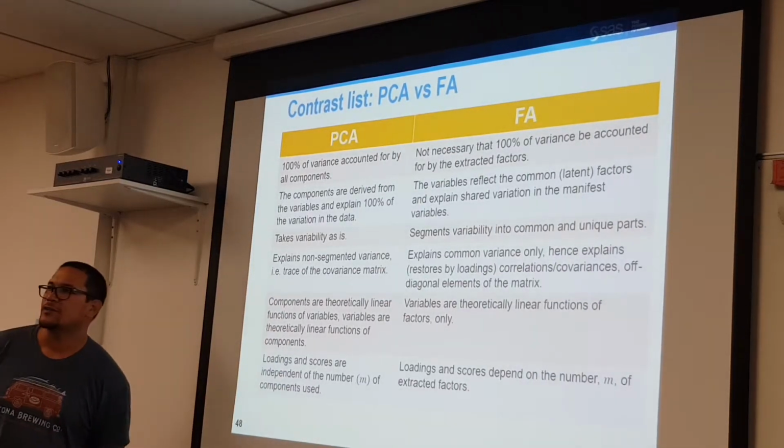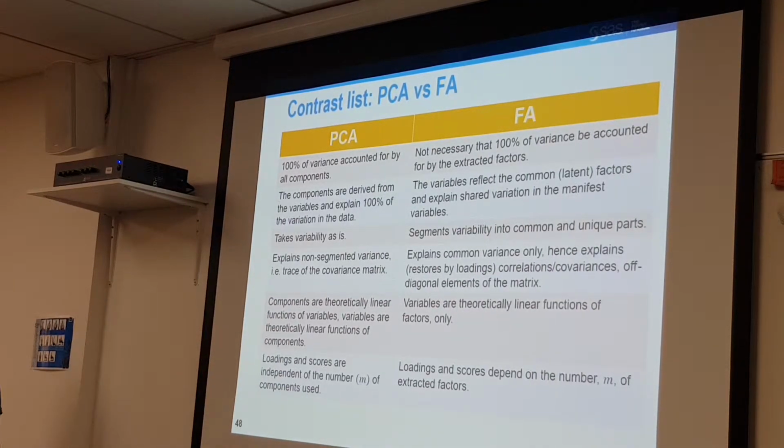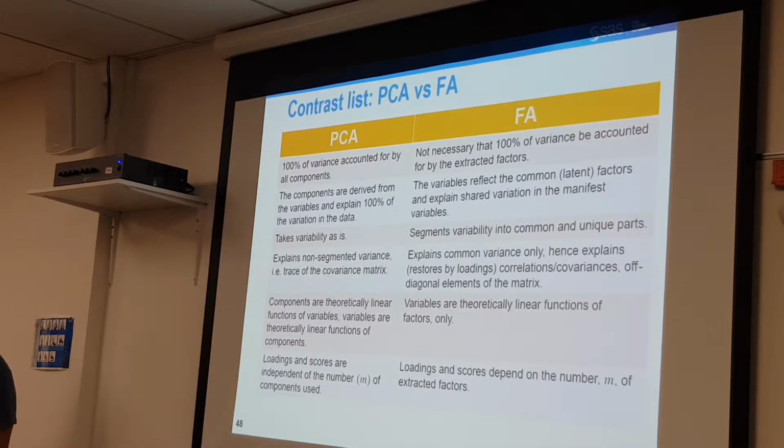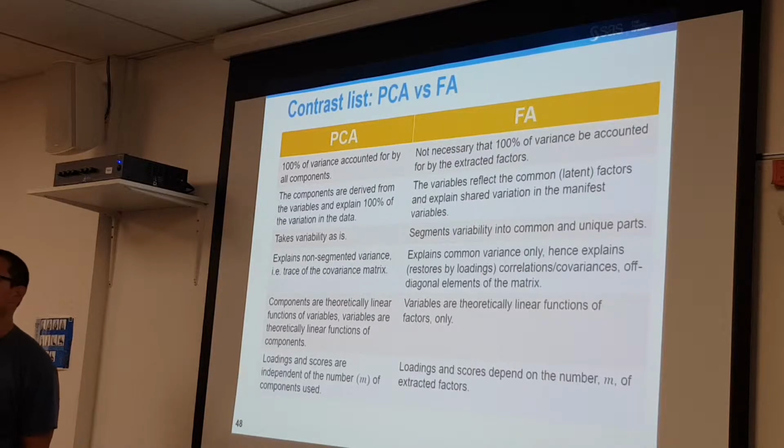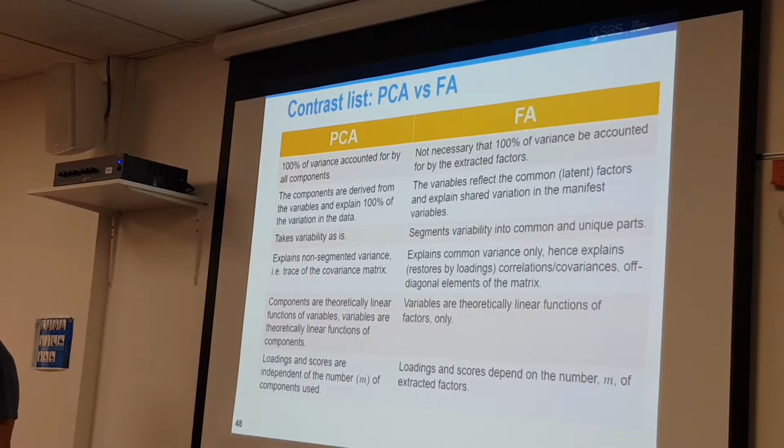So if you run one of the data sets that we're going to do in the lab and say, I think there are 5 factors here, do the analysis, and now extract 3 factors, you'll find that the loadings change. They wouldn't change in a PCA. The PCA just says, here are the loadings of PC1, PC2, PC3. It doesn't matter how many PCs I'm choosing. Often with the factor analysis, it does matter.